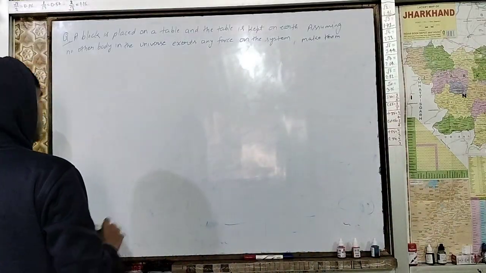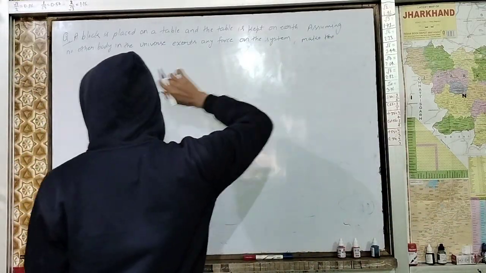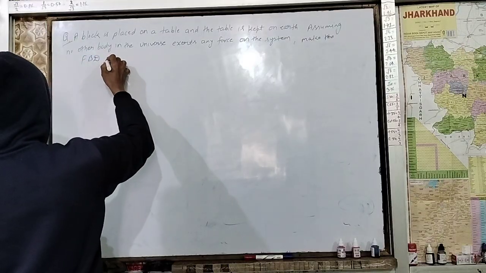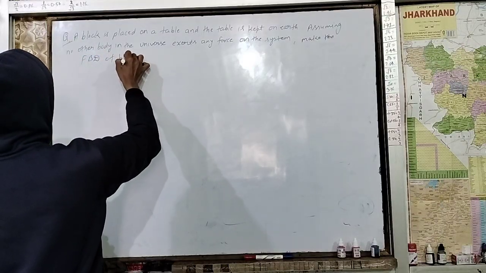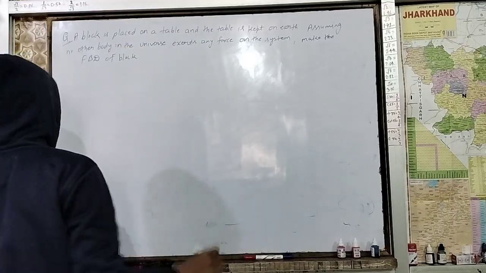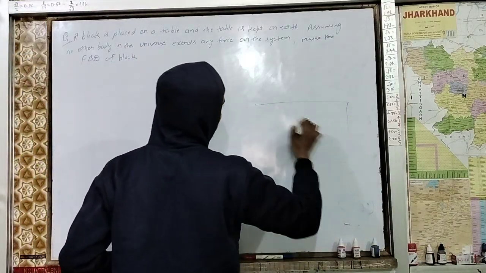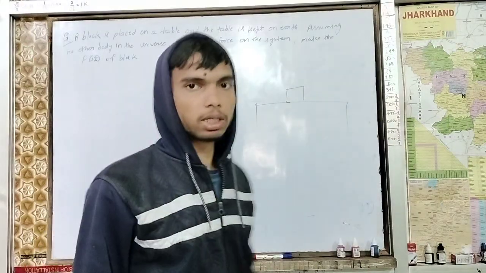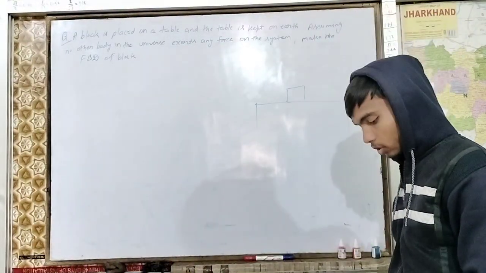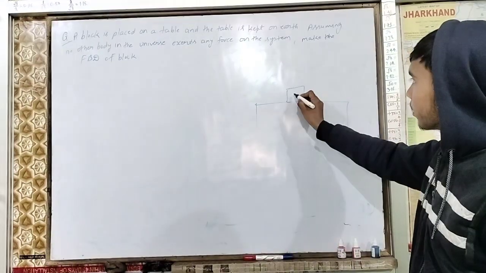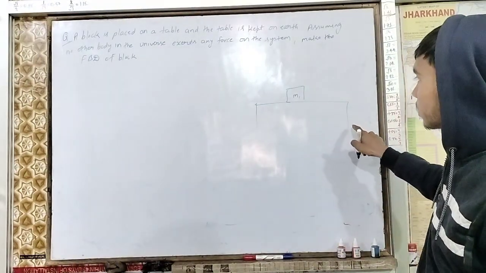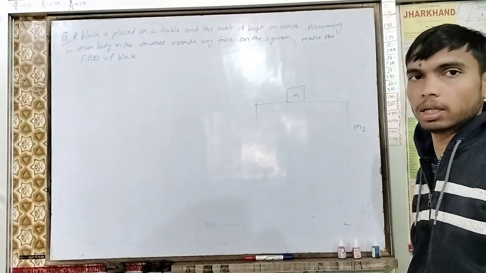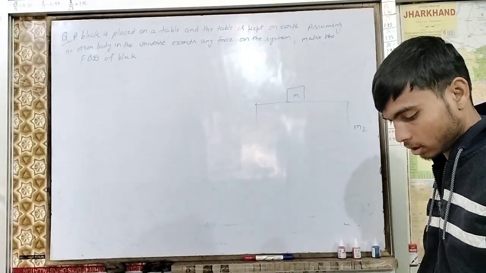Make the FBD of a block. This is a table. On this table there is a block, and its mass is m1. The mass of the table is m2. Both are different in terms of mass.